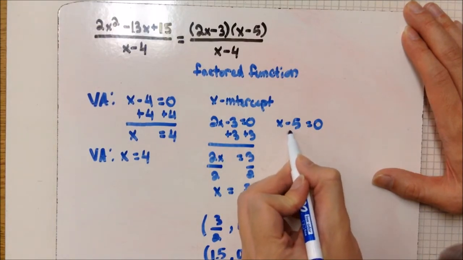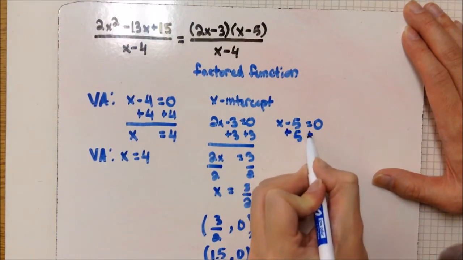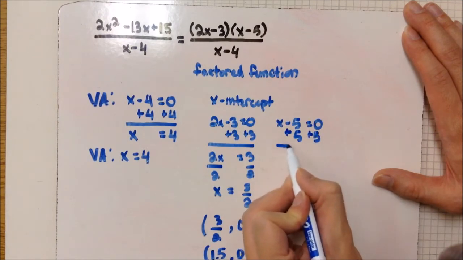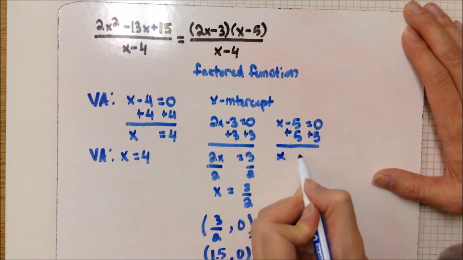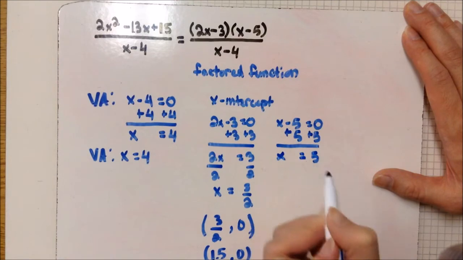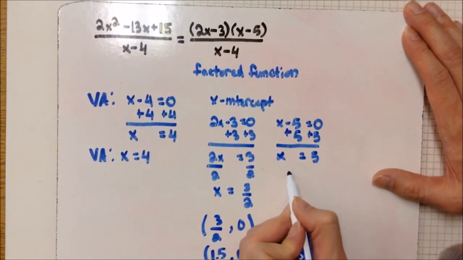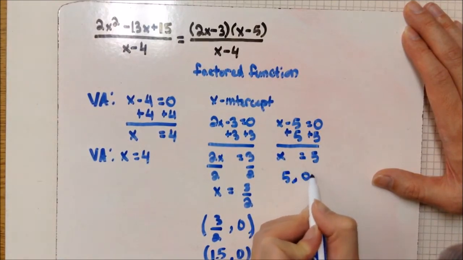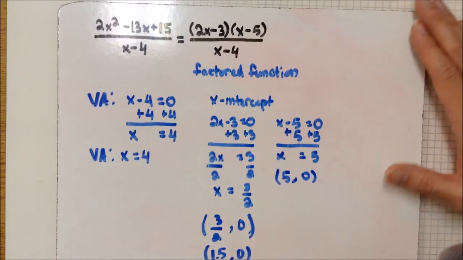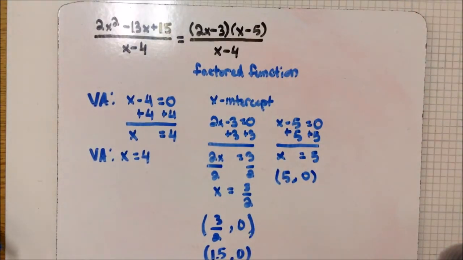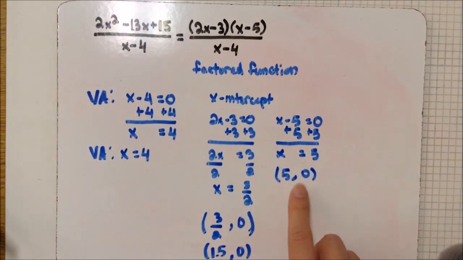I want to get rid of 5, so plus 5. So x equals positive 5. So our second intercept is 5, 0. So our first intercept is 1.5, 0, and our second one is 5, 0. So that's our two x-intercepts.